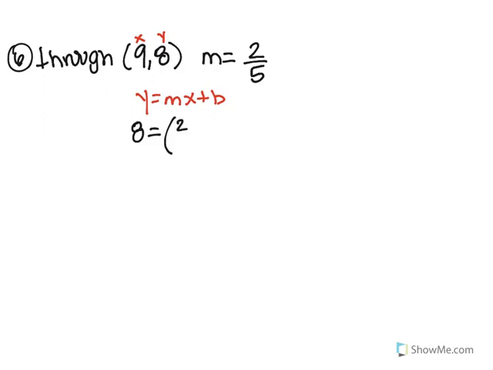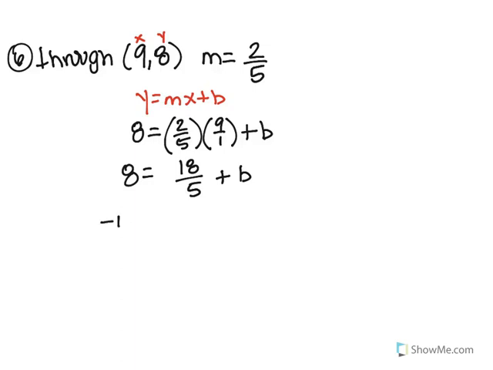My m is 2/5. X would be what, 9, plus b? So we got 8 equals, what is that, 18 over 5? I'll give y'all some practice with these fractional y-intercepts. So you're going to do what with 18 fifths? Subtract it.